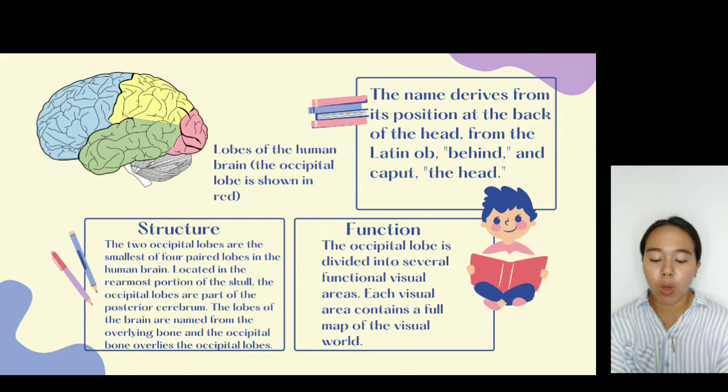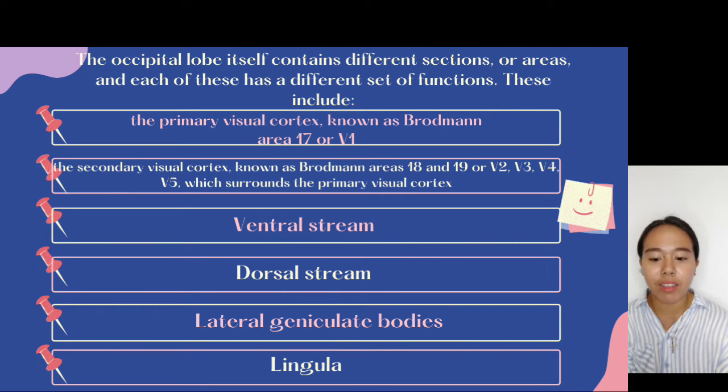The occipital lobe is divided into several functional visual areas. Each visual area contains a full map of the visual world. The occipital lobe contains different sections or areas, and each has a different set of functions. These include the primary visual cortex, known as Brodmann Area 17 or V1.